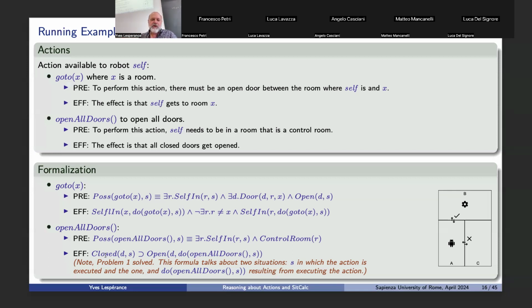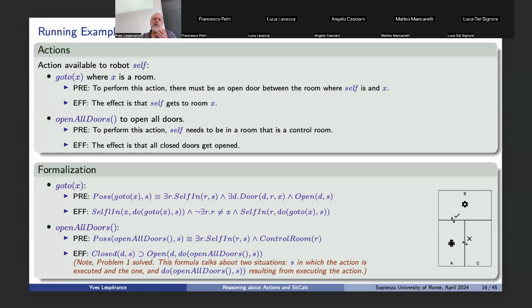For open all doors, the effect is: if a door D is closed in S, so for every D, then it's open after you do open all doors in S. Here you can see that closed is just not open.